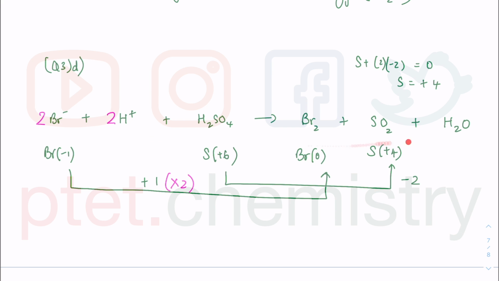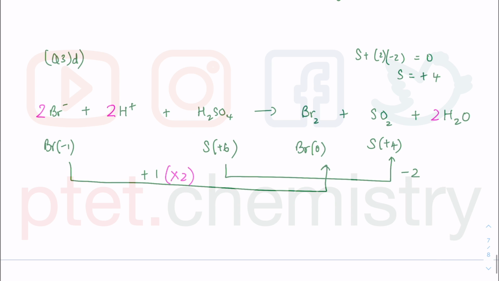Not balanced yet. I need 4 hydrogen, so I will have 2 there. Does that make sense? 2 oxygen, 4 oxygen, 4 hydrogen, 2 there and 2 there. So this equation is balanced now. Don't forget your water as well. So that's the end of my question number 3.